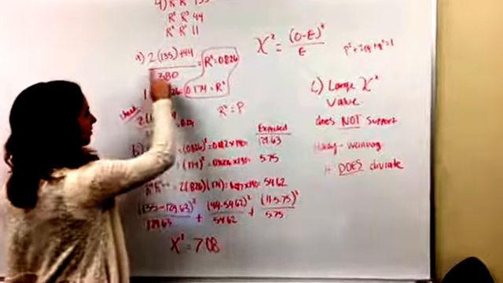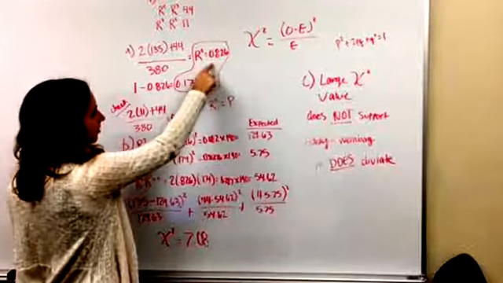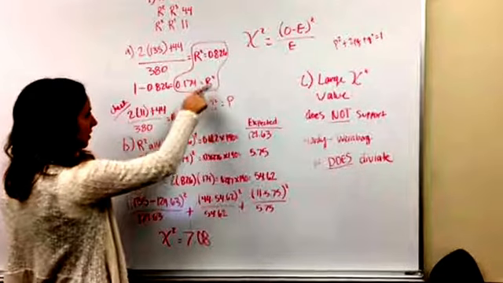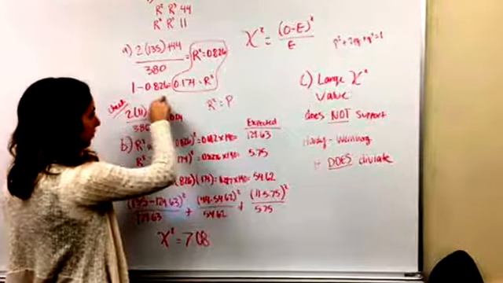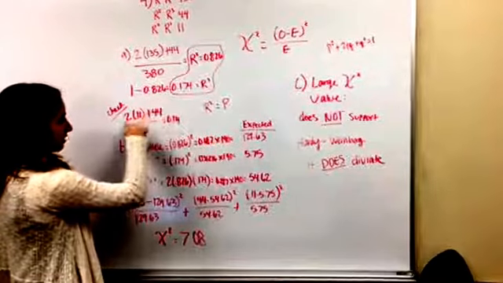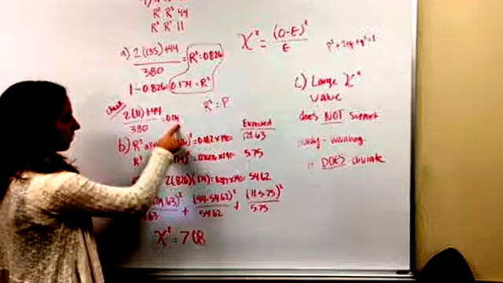When you solve that out, you'll get R2 equals 0.826. To find the frequency for R3, you can just subtract it from 1, and I got 0.174. And just to double check, I plugged it into the same equation here, and I got 0.174.